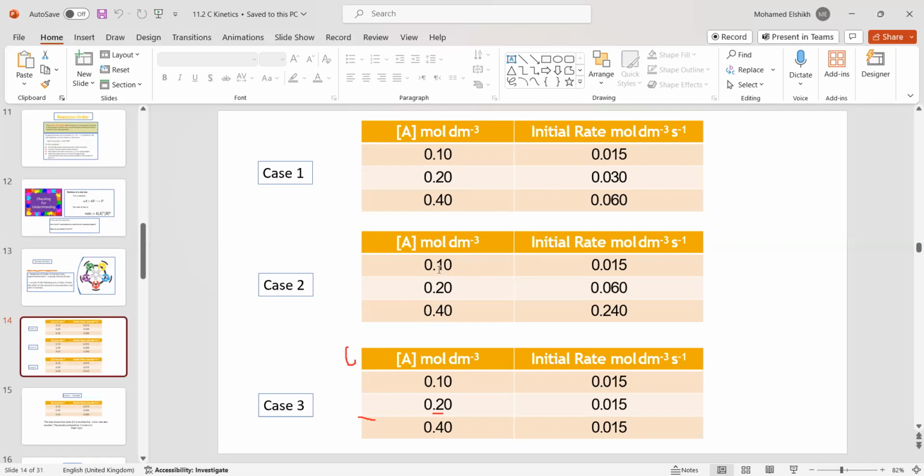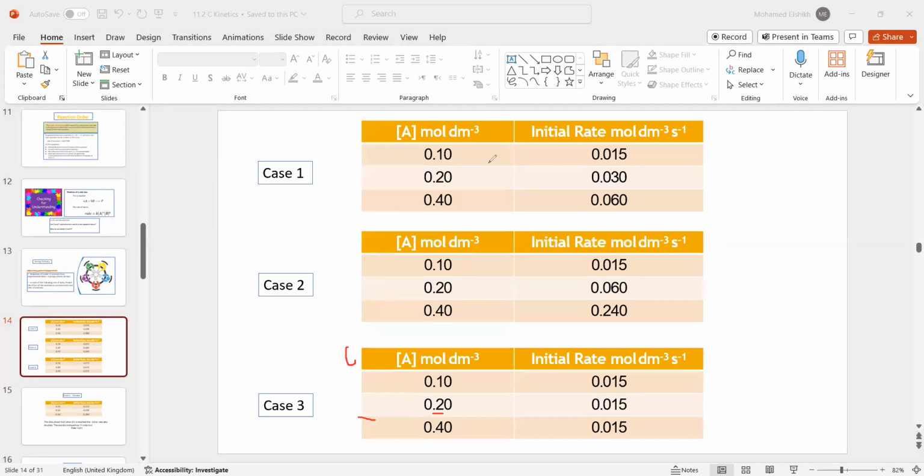Now, in this case, as you can see, when we double the concentration, here it increased by 4 times, and when we double the concentration again, here it increased by 4 times. Here, in this case, when we doubled the concentration, it remained constant, and when we doubled the concentration again, it remained constant. So what's the story then? What are we trying to say?